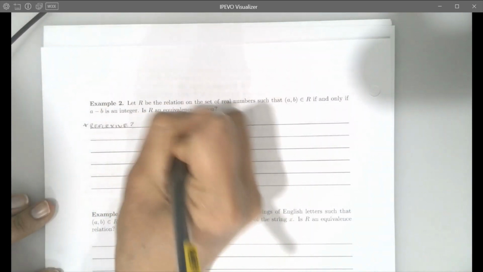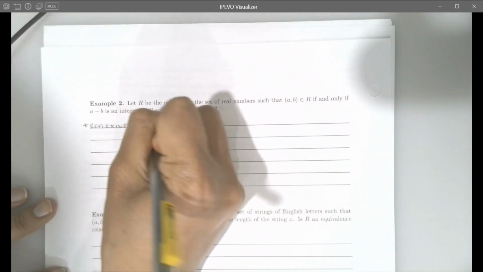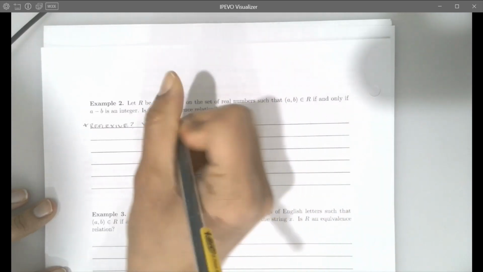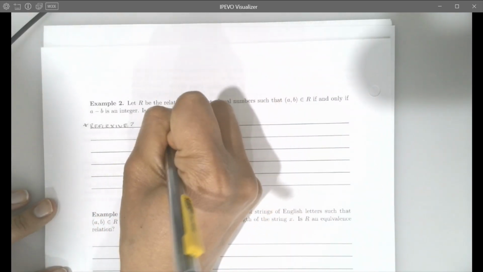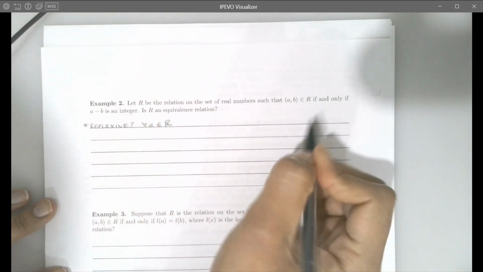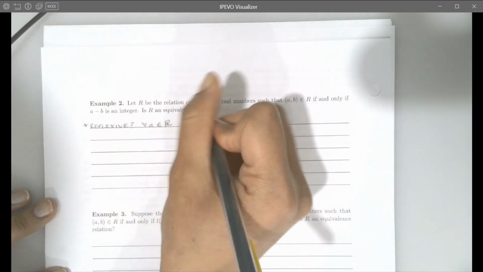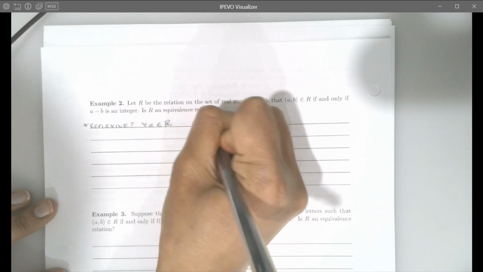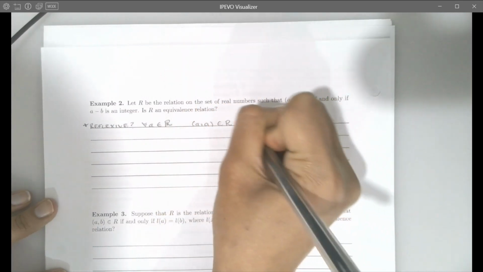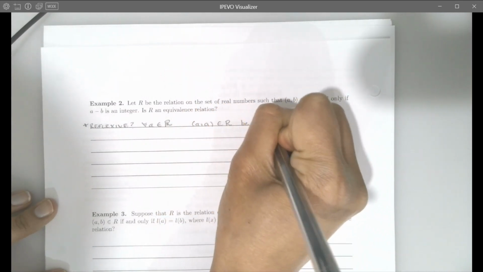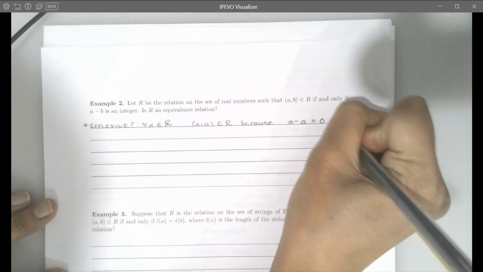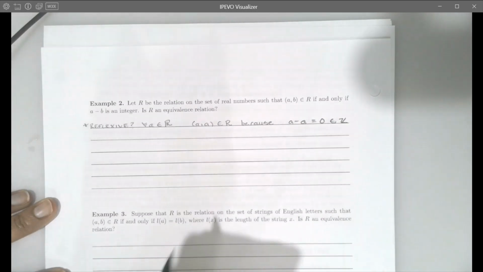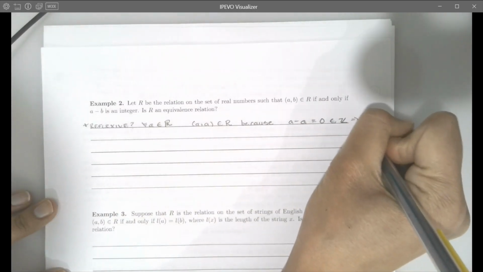If we want to check, for every element A that is a real number, is it true that A comma A will be part of the relation? Well, A comma A will be part of the relation, and the reason why is because A minus A is equal to 0, and 0 is an integer. And so that means that it is reflexive.